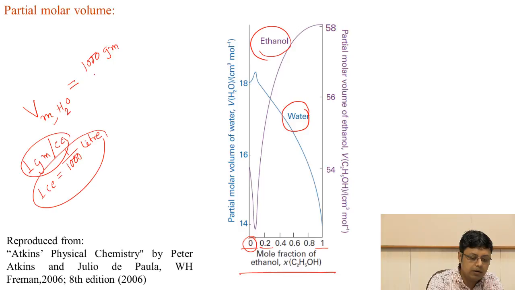So it will be 1000 grams divided by the molar mass of water, taking the O16 isotope, so I have to divide by 18, since the molar mass is 18 gram per mole.